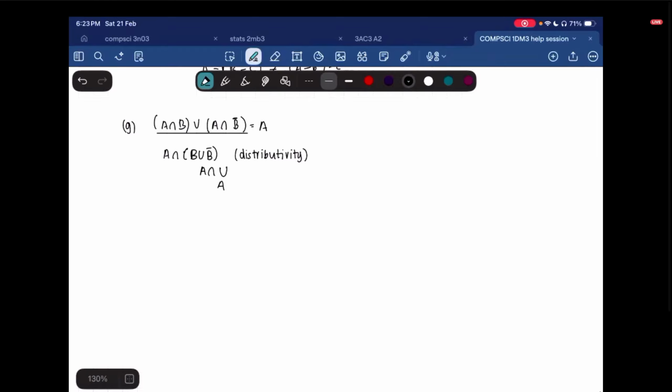Yeah, you're right. We did have to write the laws beside them. But it's good practice anyways, because those laws are used for the rest of your university degree. They're very common.